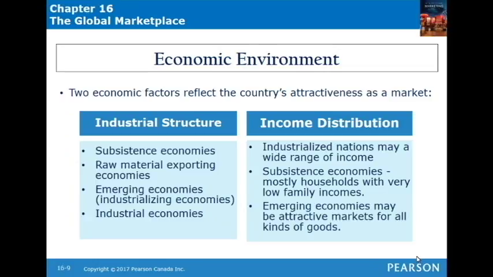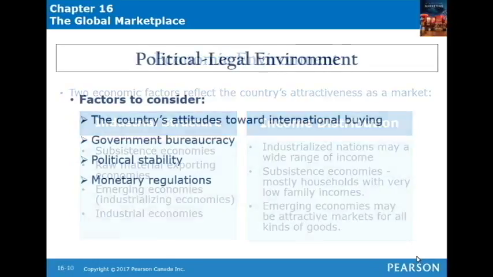Industrialized nations may have a wide range of incomes. Subsistence economies have mostly households with very low family incomes. And then emerging economies may be attractive markets for all kinds of goods.